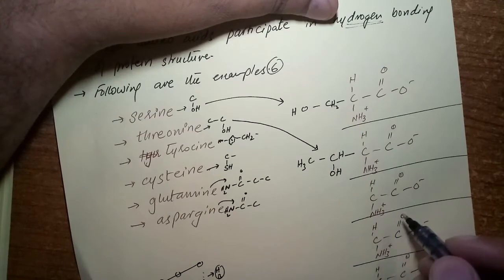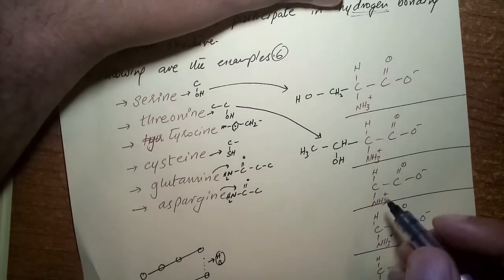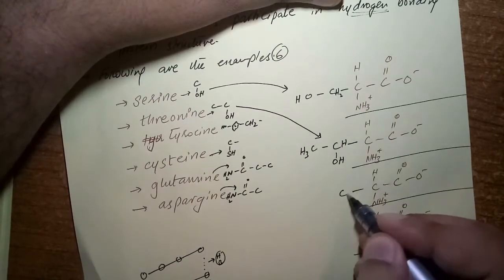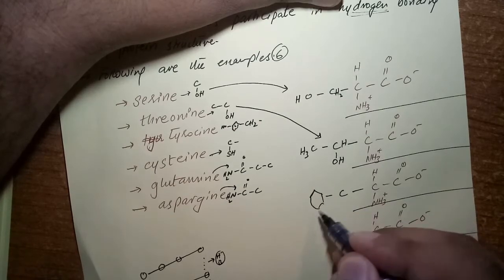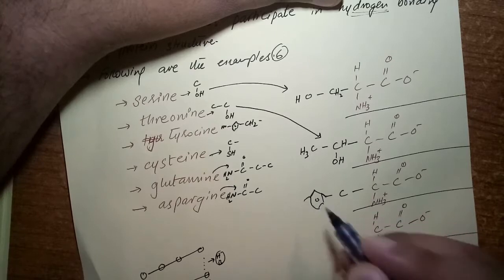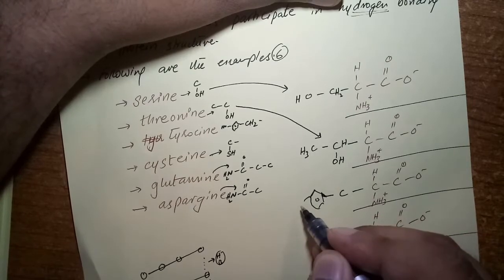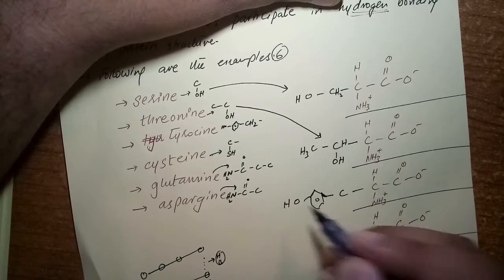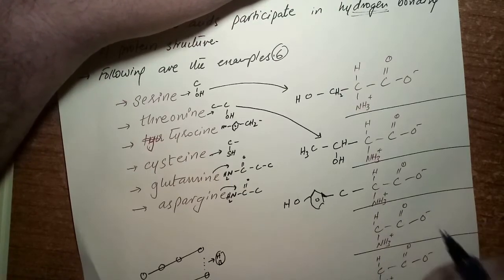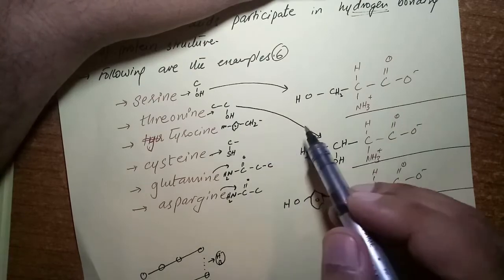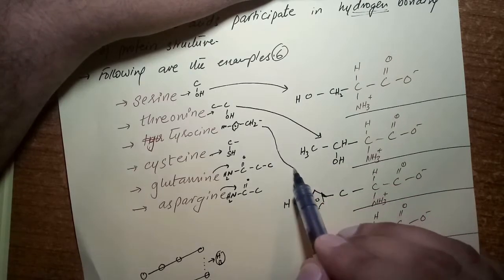And if we think a bit more and talk about tyrosine, we place a carbon, and then we have a benzene ring. Place the benzene ring. What we have here is a hydroxy group over here, so that becomes tyrosine. Tyrosine is going to be there.